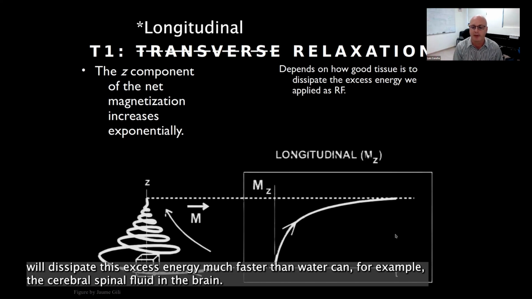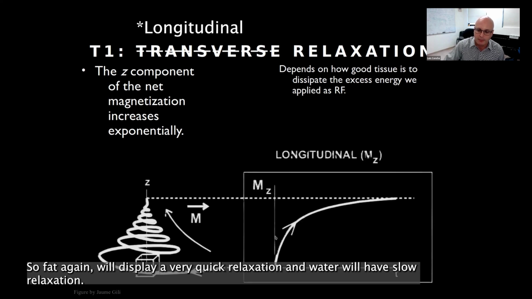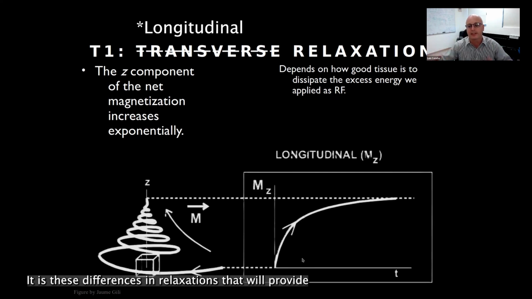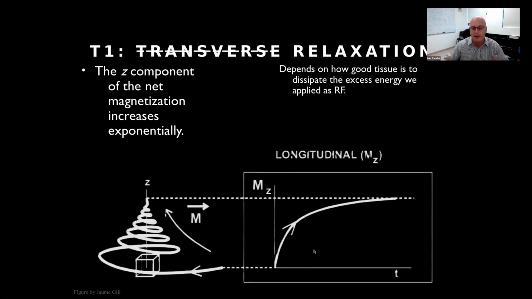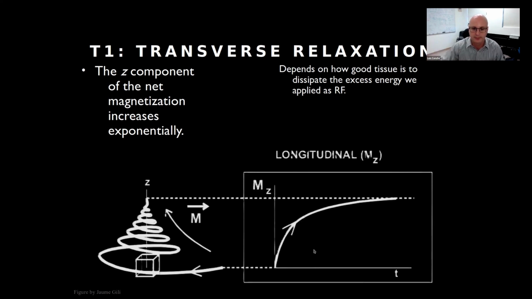For example, the cerebrospinal fluid in the brain has a very slow relaxation rate. Fat, again, will display a very quick relaxation, and water will have a slow relaxation. It is these differences in relaxation that will provide the contrast, or one of the contrast mechanisms, in our images.